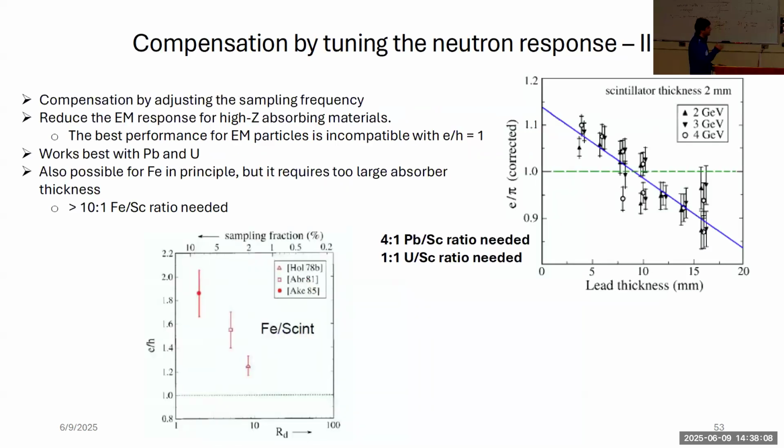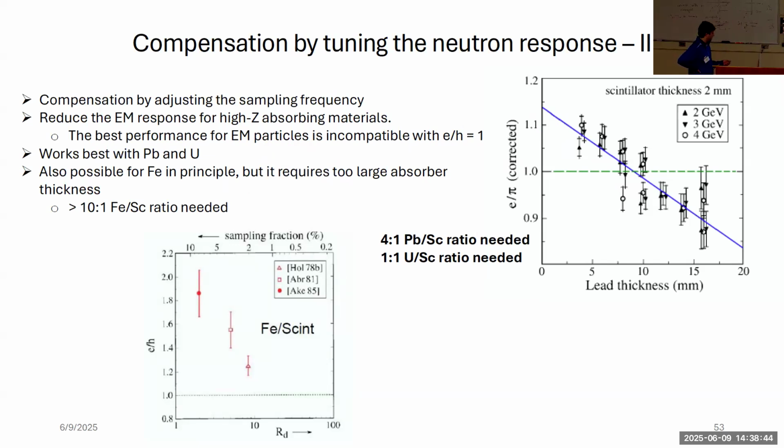The second thing is you can tune the sampling fraction. So what you do here is that you actually reduce your response to EM particles because you reduce the sampling fraction. By changing the sampling fraction, you reduce the EM performance, and you reduce your E response. So that actually can push you more towards compensation.